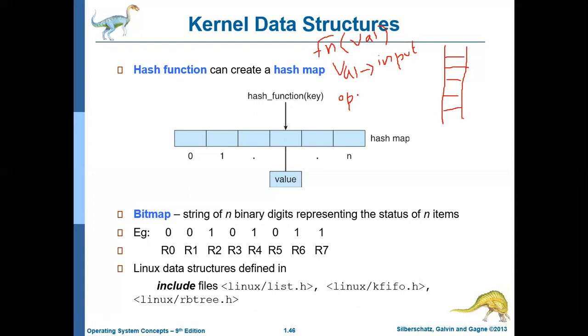For example, these are different addresses. If the output is some x, then it may access this location.